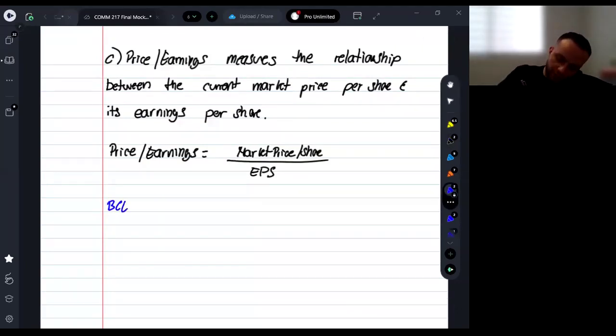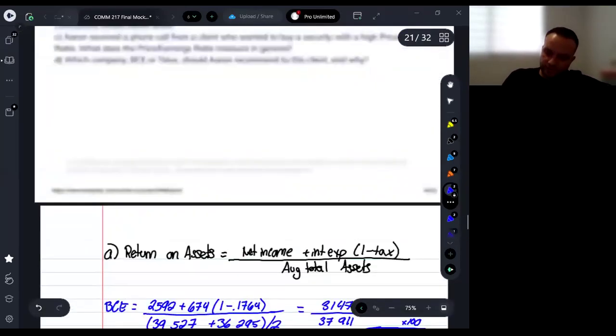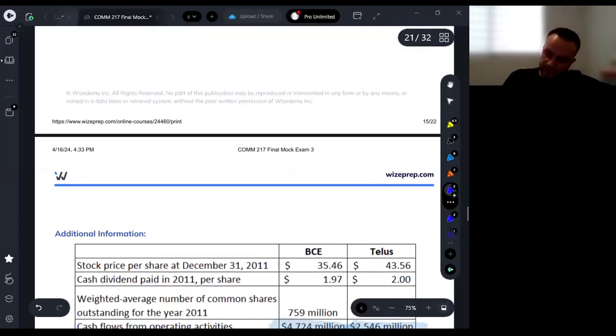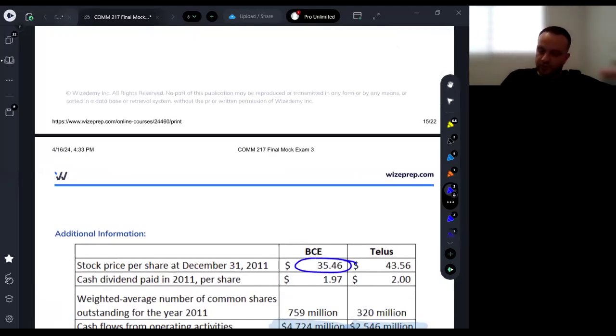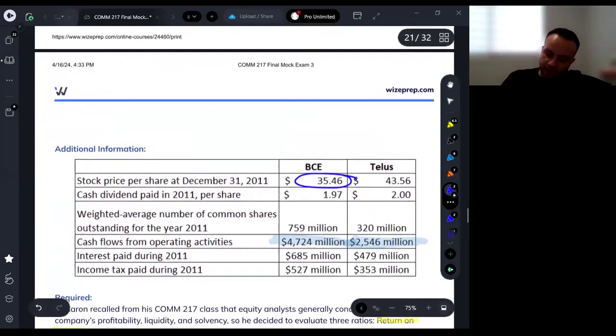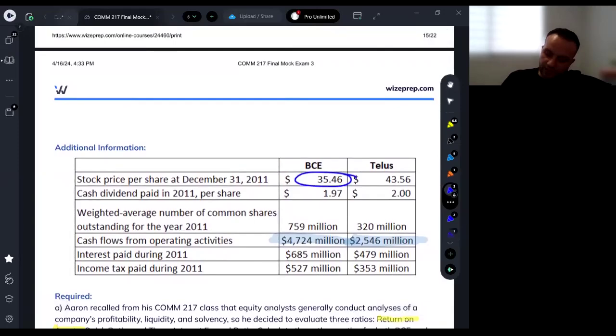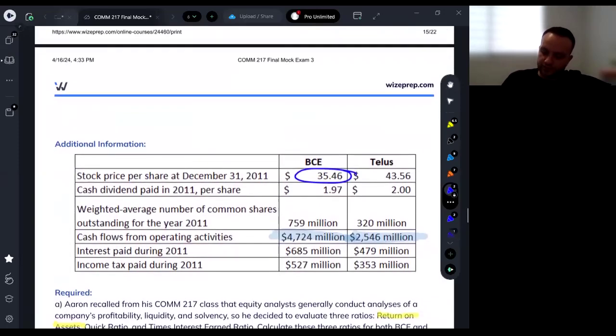So for Bell, the market price per share, they told us is here. But the EPS, we're going to have to figure it out.